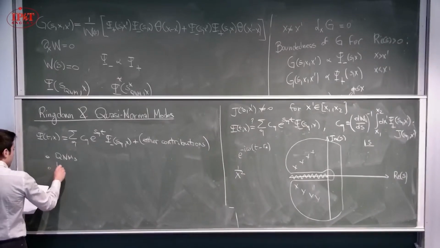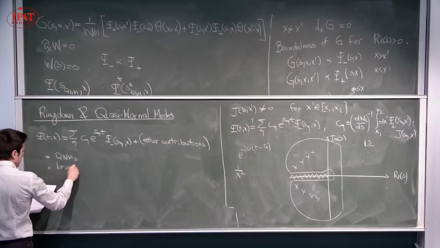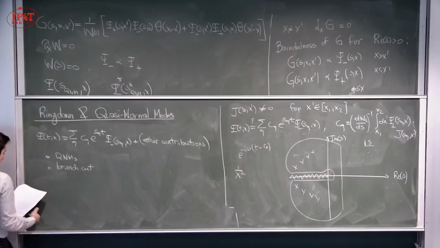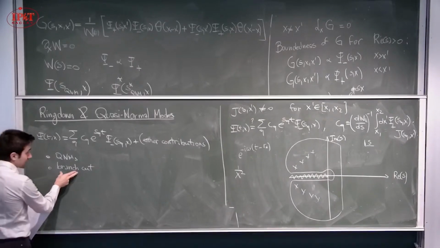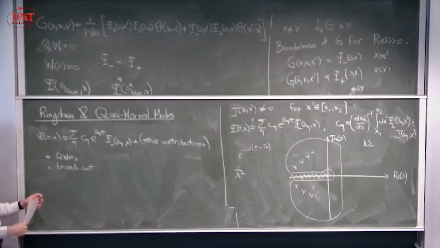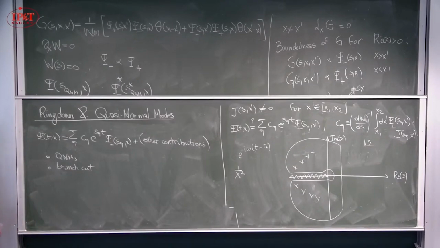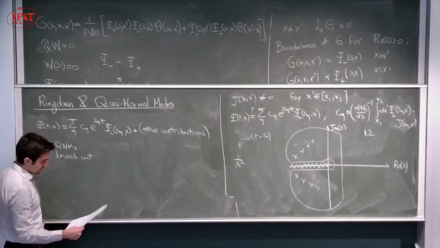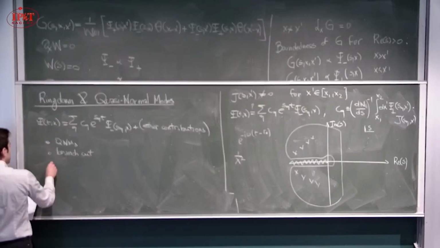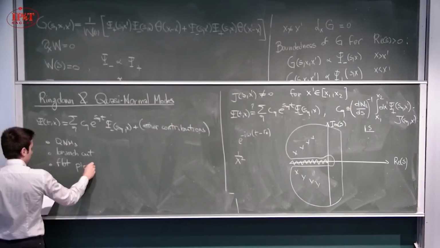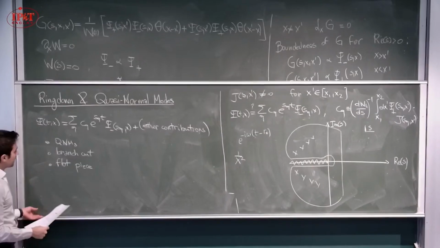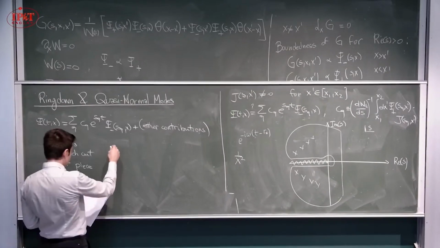Then there is the branch cut, which, as we said, is subdominant for intermediate values of times, where the contribution of the quasi-normal modes is more important. And then there is the flat piece of the Green's function.